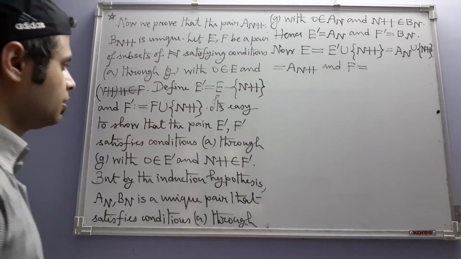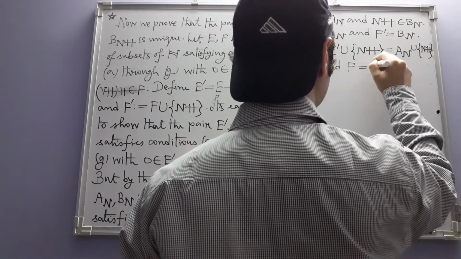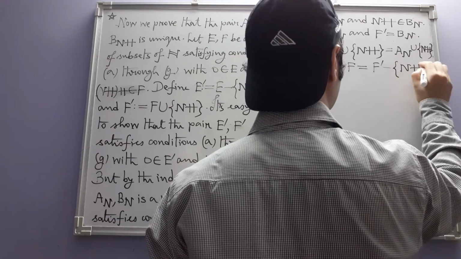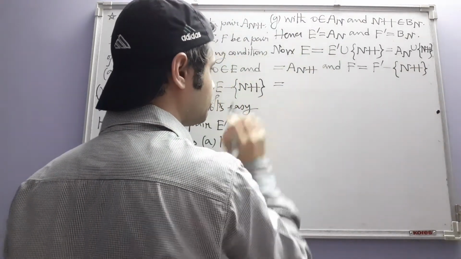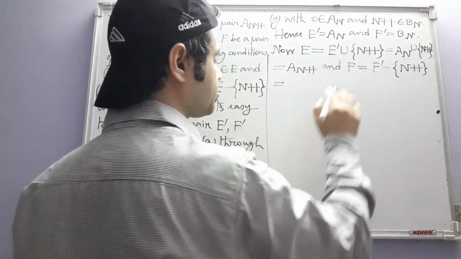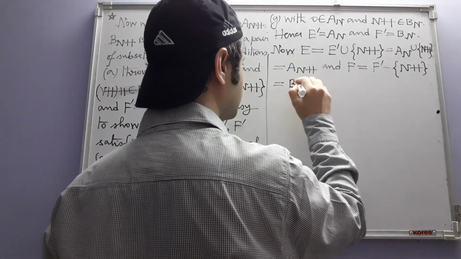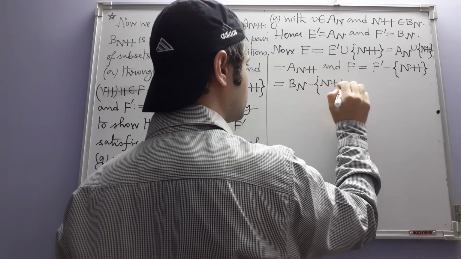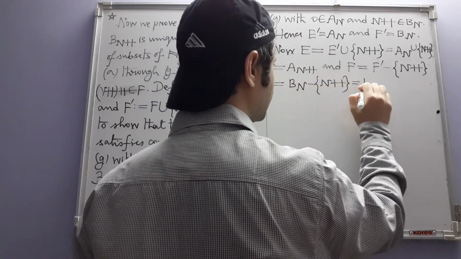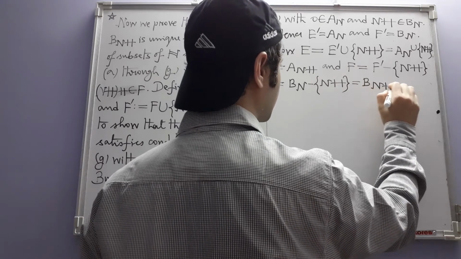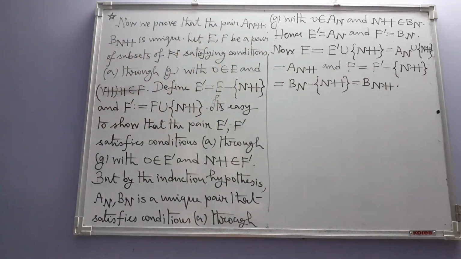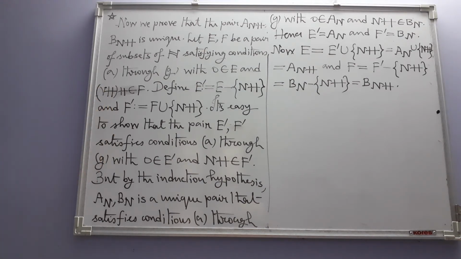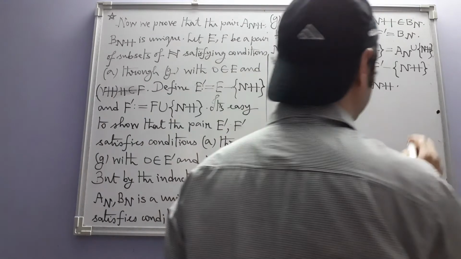So that means F will be equal to F prime minus n plus plus, and F prime is equal to Bn, and this by definition is Bn plus plus, and this proves the uniqueness of the pair An plus plus and Bn plus plus that we have defined.